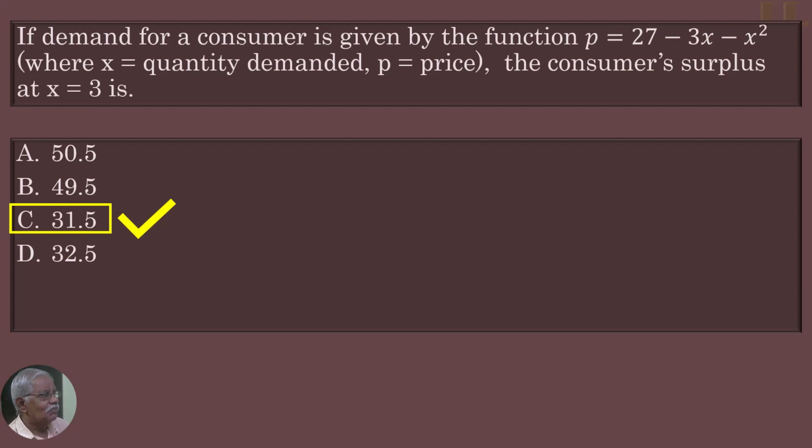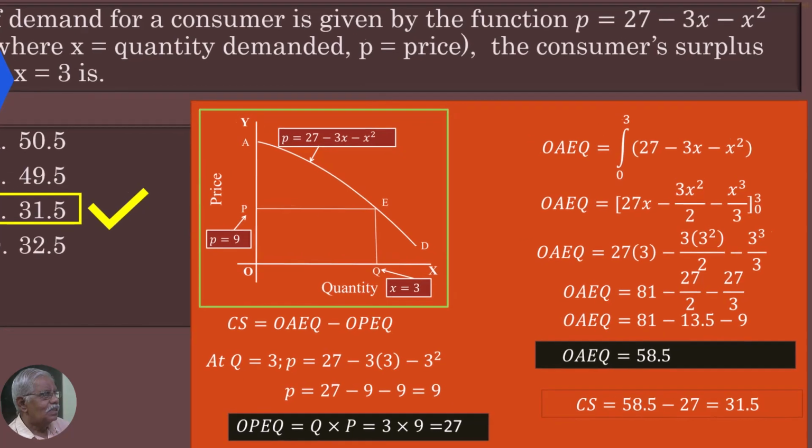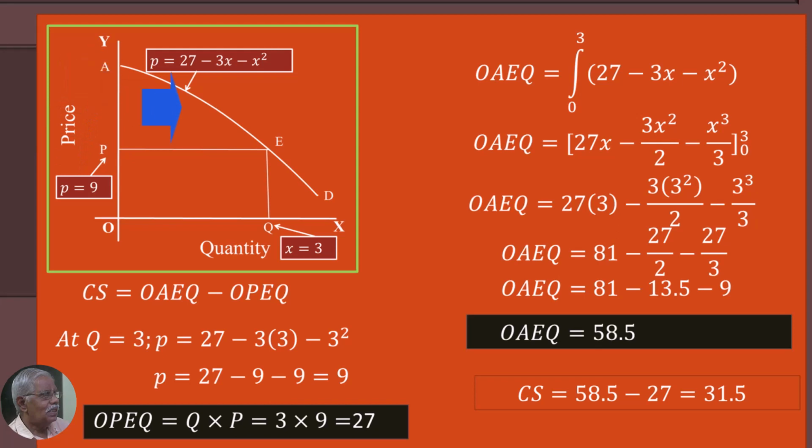The correct answer is 31.5. How? Look at this. The consumer surplus is given by the area PAE. This is the difference between the two areas, OAEQ minus OPEQ. We have to find these two areas. First, let us try to find the area OPEQ.